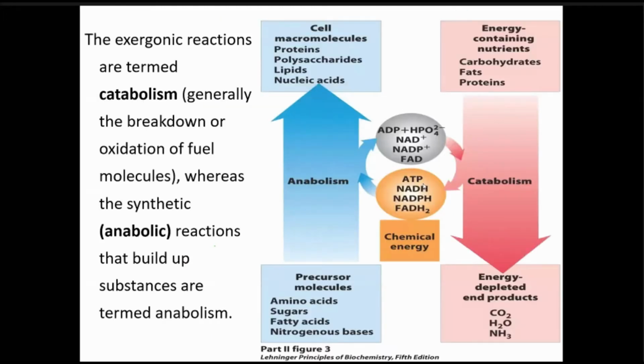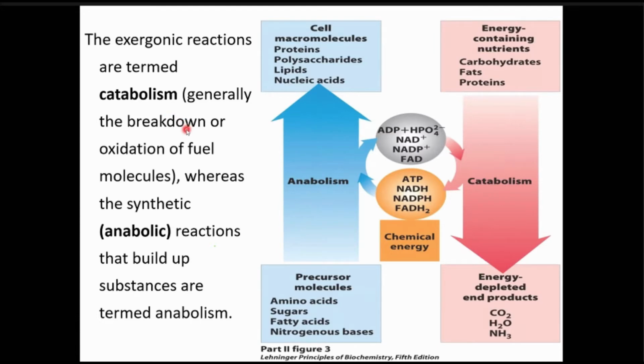Okay, now I will add to this. Try to understand what happens in the real biological system, which is the cell. The exergonic reactions are termed catabolism. Why catabolism? Because it's a breakdown.